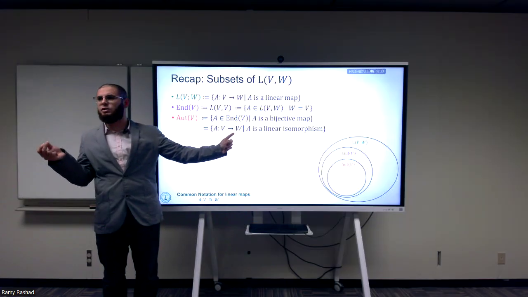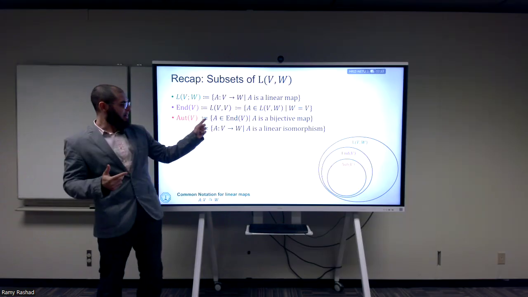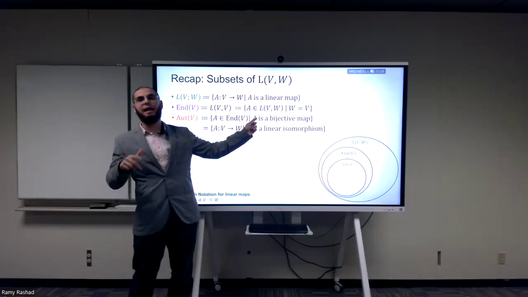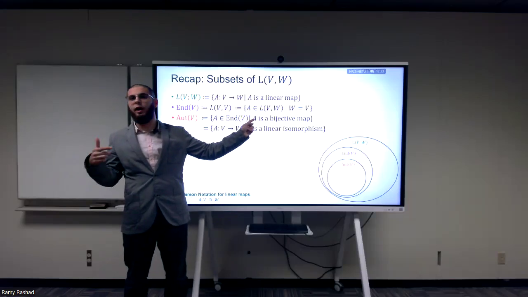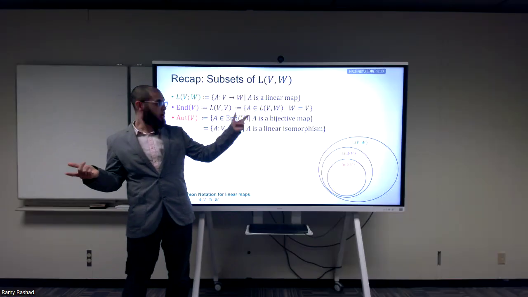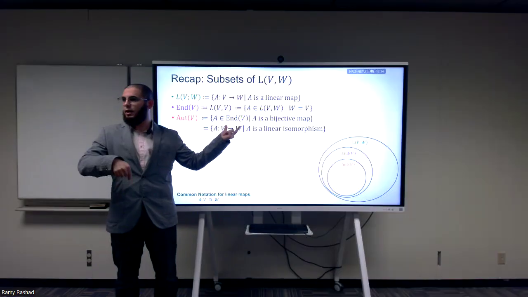Do you remember what a linear isomorphism was? It was a bijective linear map. But if I say it like this in the first sentence, I can only say A is bijective. Why don't I need to say A is also linear? Because I'm only looking at all of the A's that are in End of V.